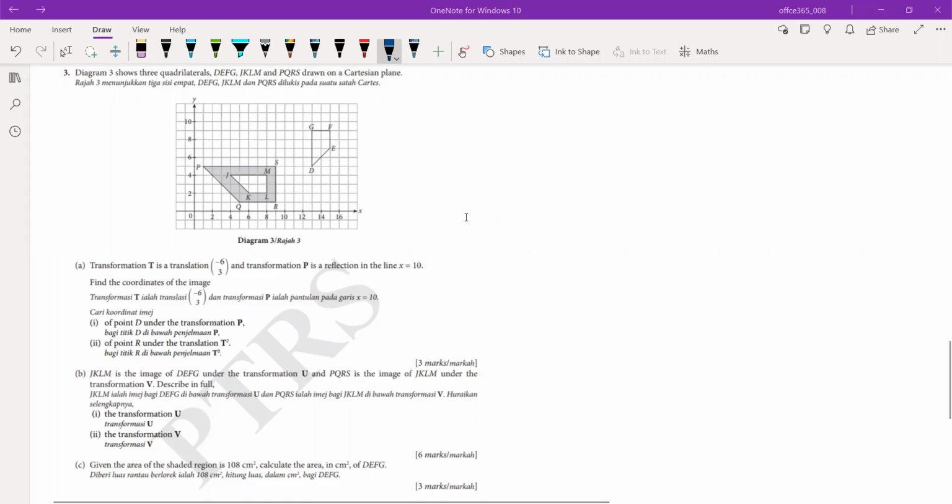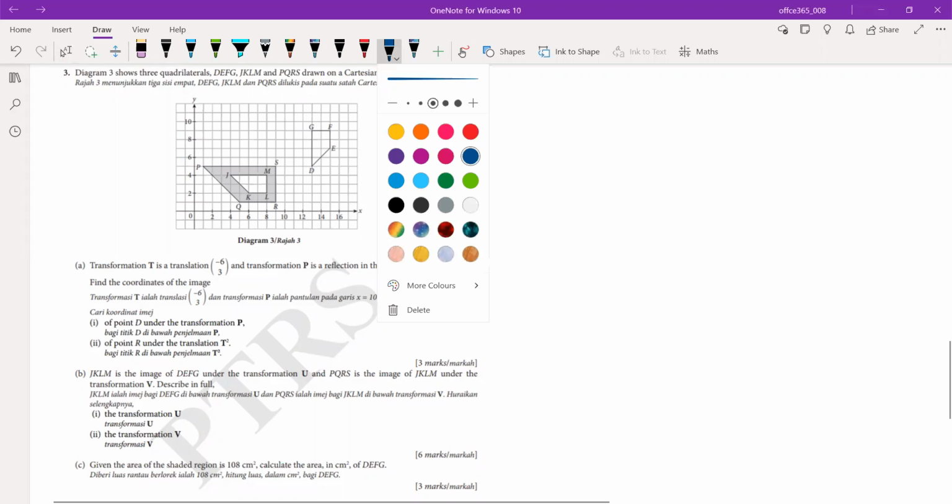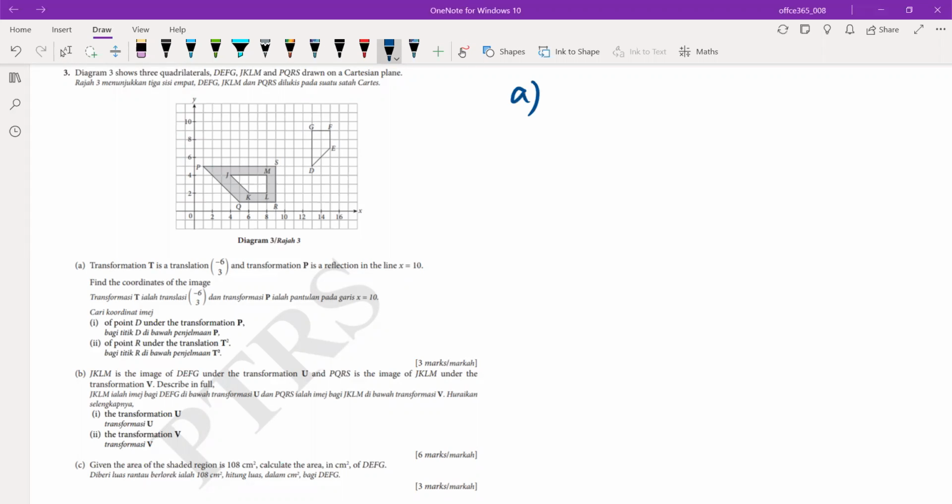I saw the answer from Anki. Okay, let's check the answer. Everyone, you see, for question 3A, transformation T is translation, okay, reflection.